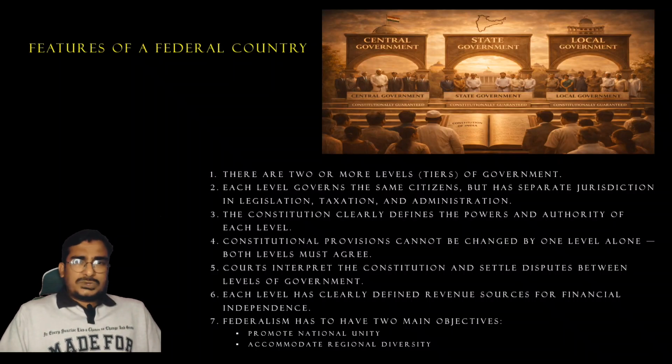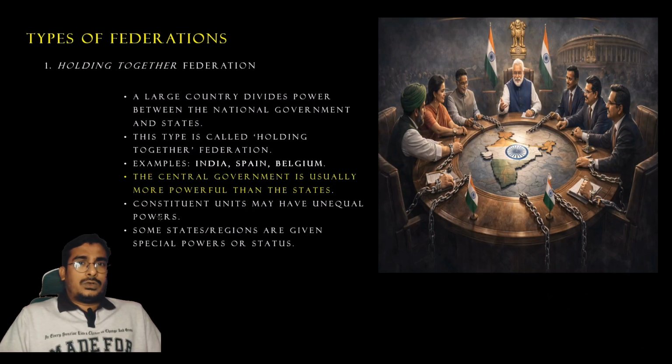Now, whichever country follows the principles of federalism, they're generally called a federal country, or a federation. There are generally two types of federations. Holding together federation, in which the central government would be super powerful, and in comparison with the constituent units, it is too powerful, and it is the one holding from the top.